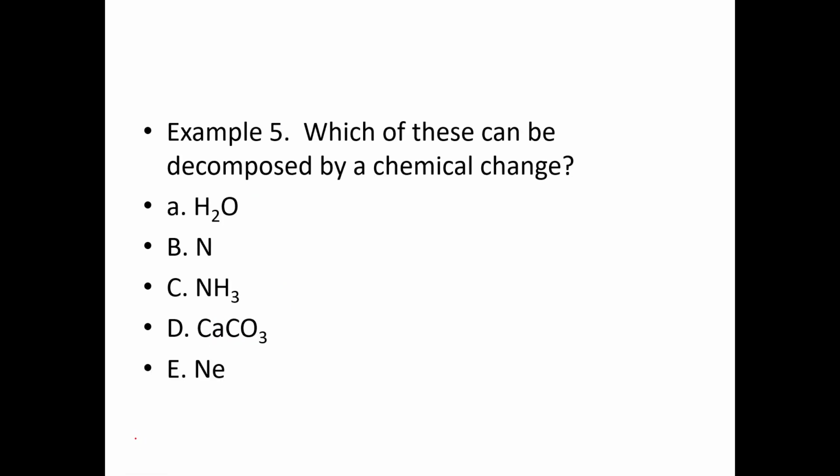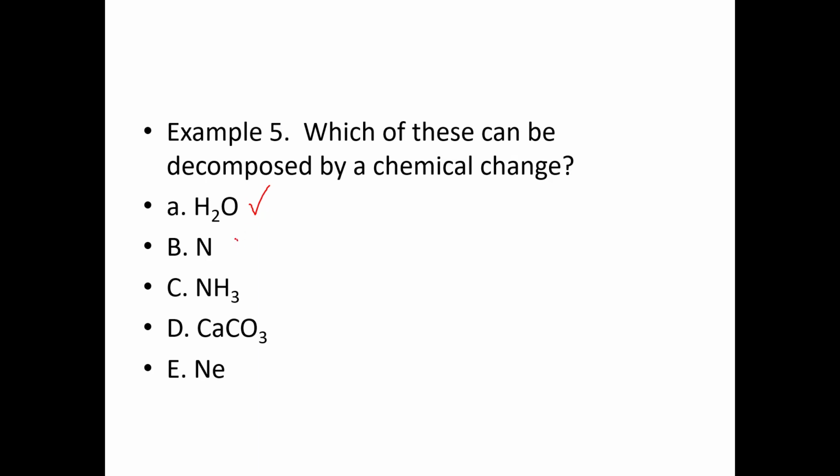Now, example 5. Which of these can be decomposed by a chemical change? So remember our definitions. Elements cannot be decomposed by a chemical change, and compounds can. Take a moment and tell me for each of these which ones can be decomposed by a chemical change. So if you said A, that can be decomposed because it's a compound.